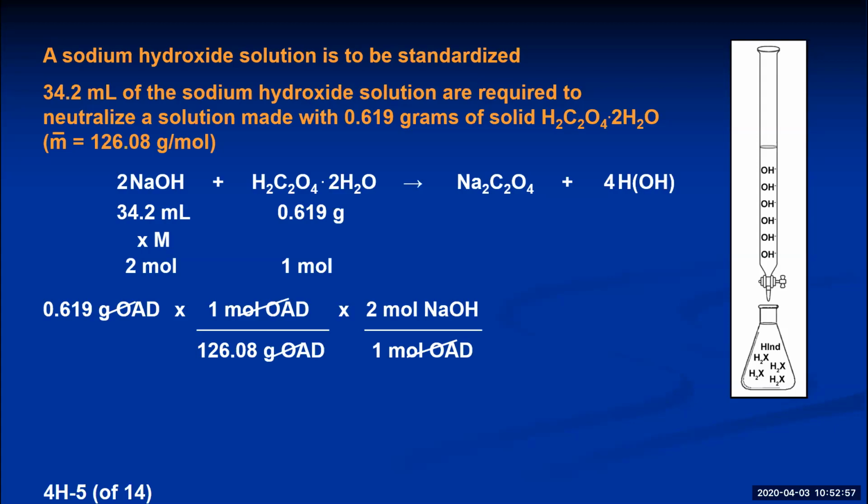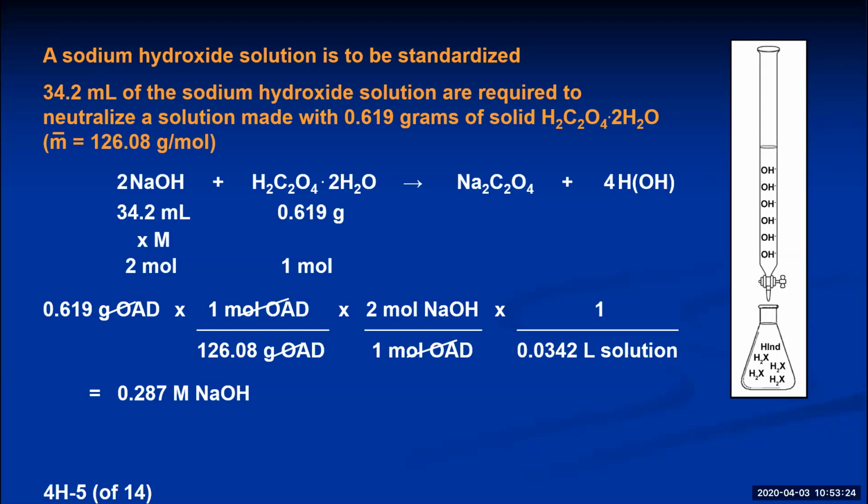If I want to know the molarity of that sodium hydroxide, I'm going to divide it by the volume, which was the 34.2 milliliters, so 1 over 0.0342 liters, and that's going to wind up giving us the molarity of our sodium hydroxide solution of 0.287. And so now we can do titrations with the sodium hydroxide solution for the rest of the day, and we can feel assured that the molarity is known to be 0.287.